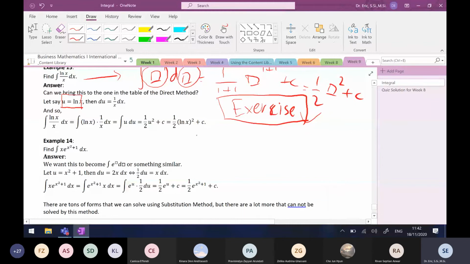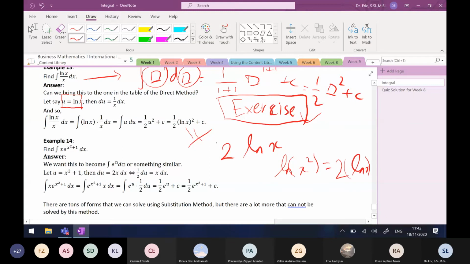Don't forget, (ln x) squared is not the same as 2 times ln x. If you have (ln x) squared, the square applies to ln x, so this is ln x times ln x.